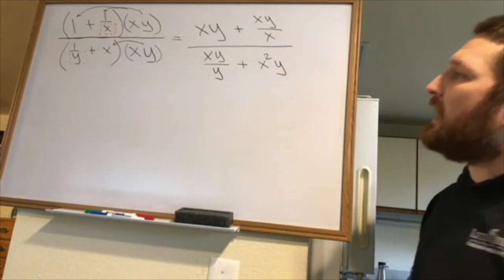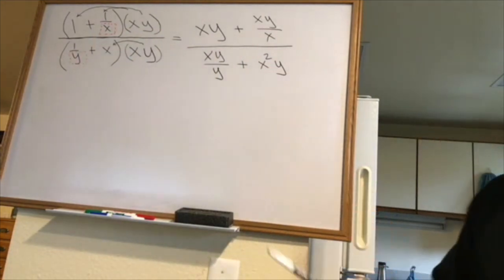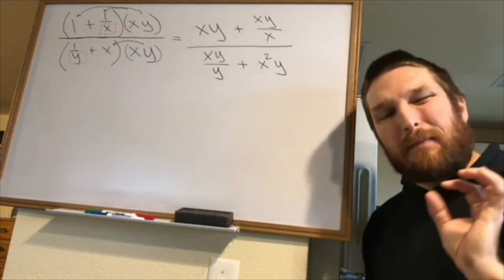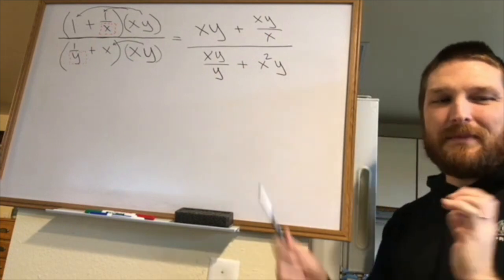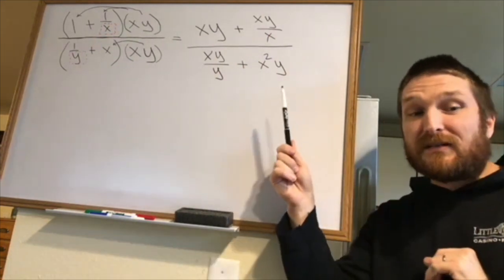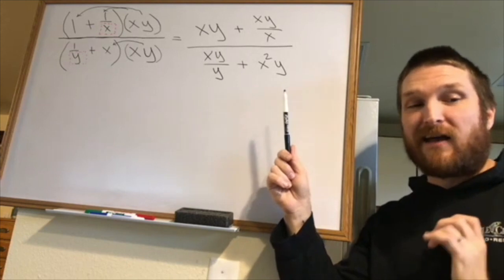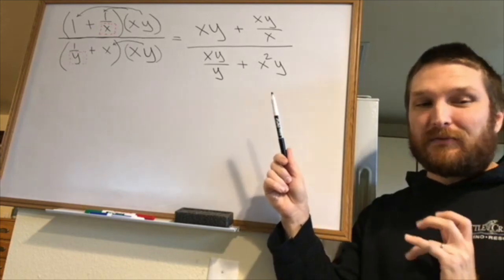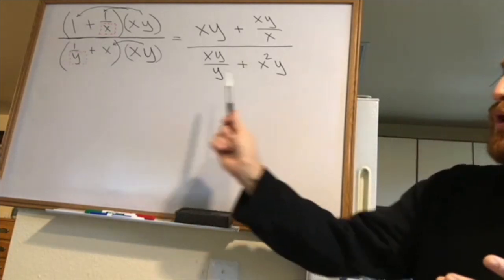Okay. Now let's do our cancellations. And I'm about to get to a point where I'm not even going to take this step right here. I'm going to do my cancellations as I write it out. Why? Well, we knew what was happening, right?